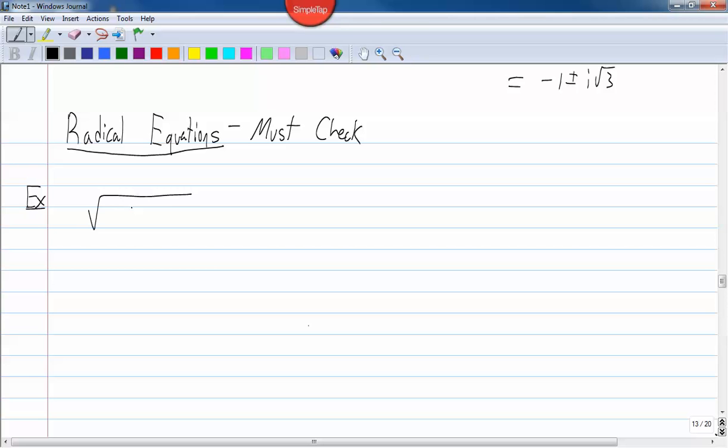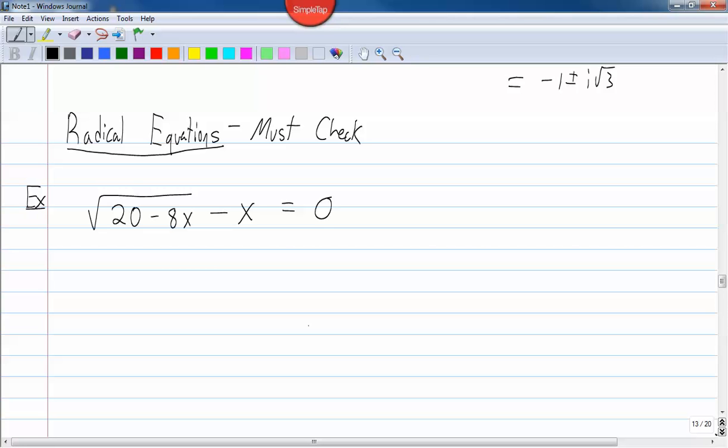Alright, let's say that we had this radical equation: the square root of 20 minus 8x, minus x, equals 0. When you have a radical equation, if you have just one radical, what you want to do first is get that one radical by itself.